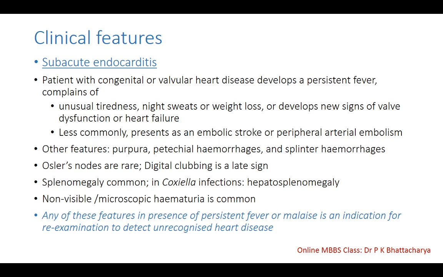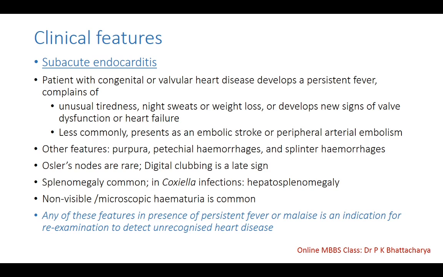And there is a microscopic hematuria or non-visible hematuria. If you test the urine, you may find two things. One is a proteinuria because of the glomerulonephritis, and RBCs. Sometimes these features may be present without a known valvular heart disease.